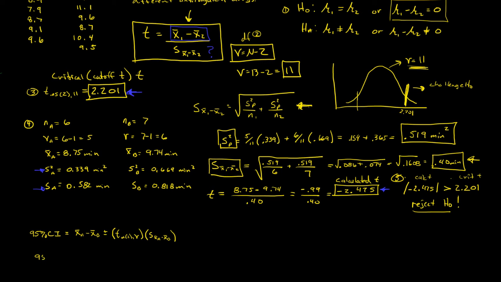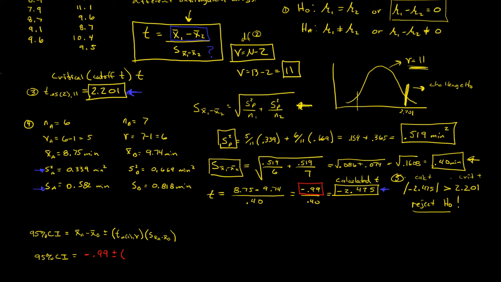Let's plug and chug this. What does that mean? So, 95% CI. Well, what was the difference between mean A and mean B? Let me do this in red. It was this value right here, the negative 0.99. And then to that, we're going to add and subtract what?